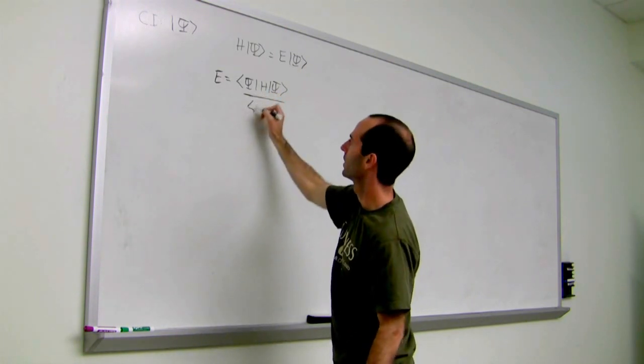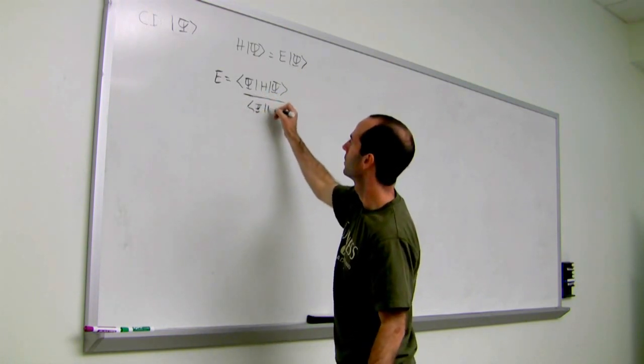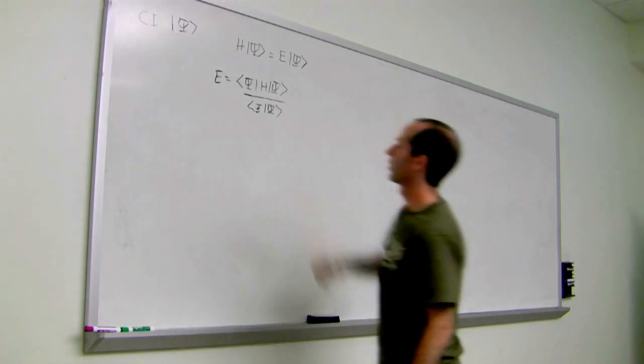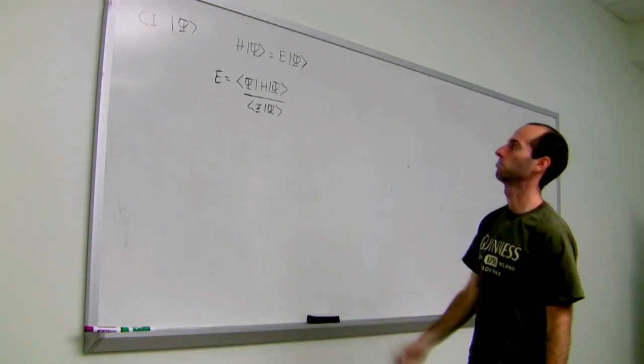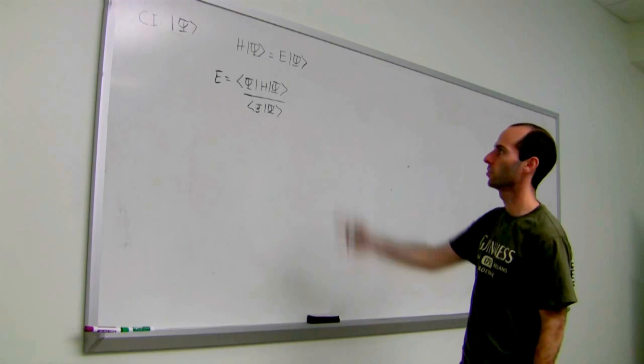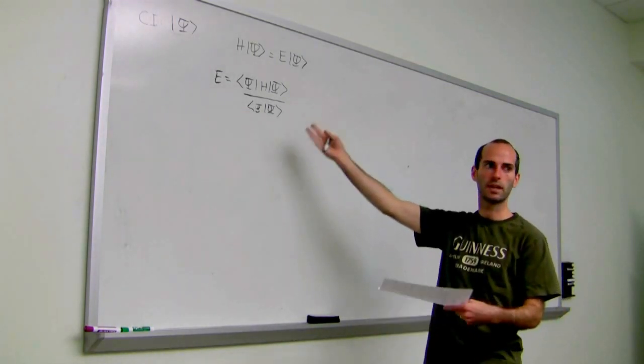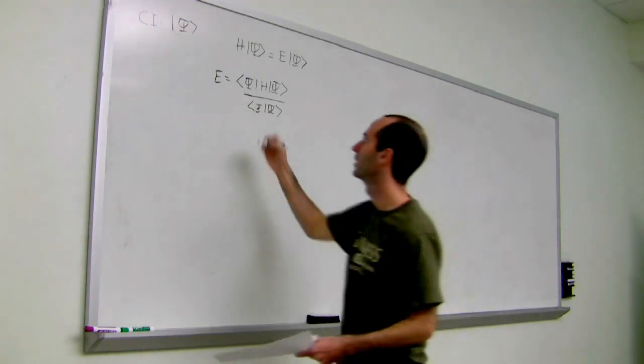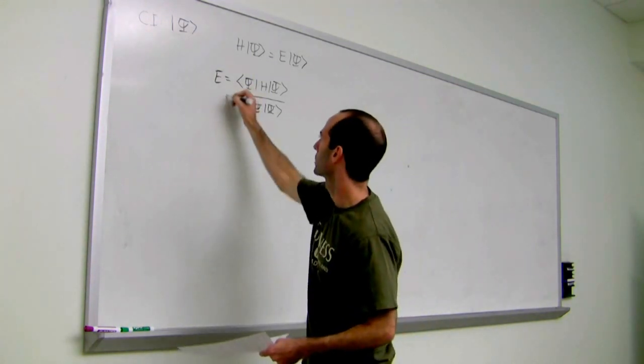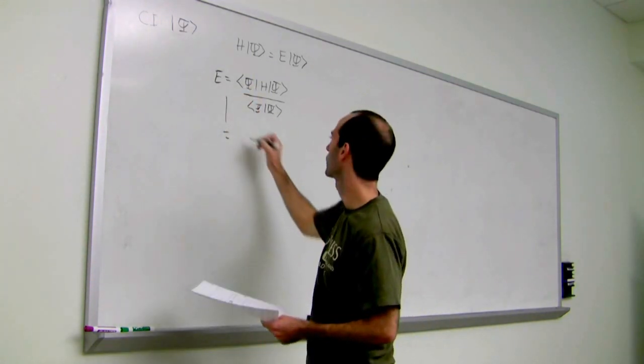So I need to include that here. So this is the expression for the energy. Not super complicated. If you wanted to, you could minimize the energy with respect to CI coefficients and get the ground state energy.